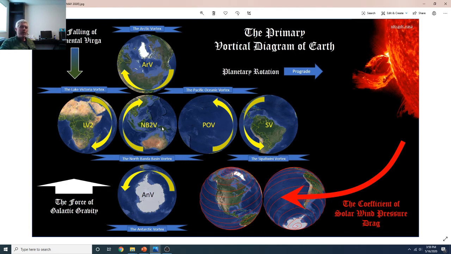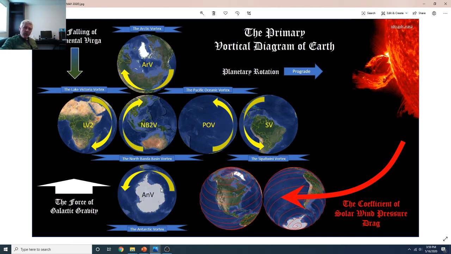All right, here you have the Arctic vortex, the North Banda Basin vortex. Banda Basin is why you have B2, so NB2V. Then you have the POV, Pacific Oceanic vortex, and the Sapaliwini vortex, and then you have the Antarctic vortex.